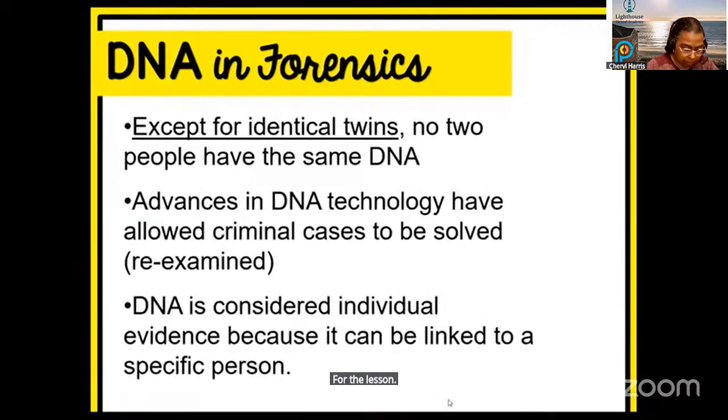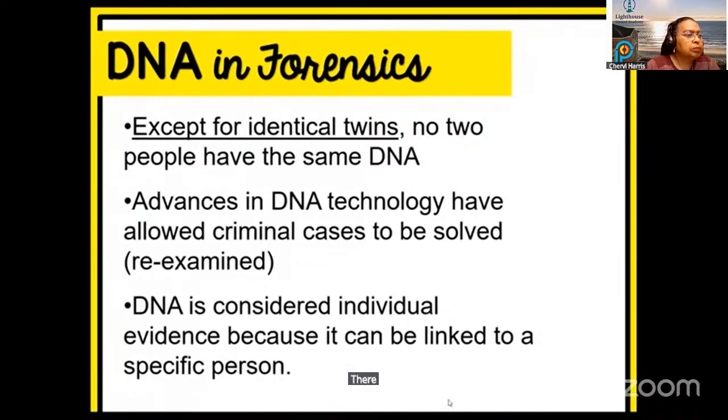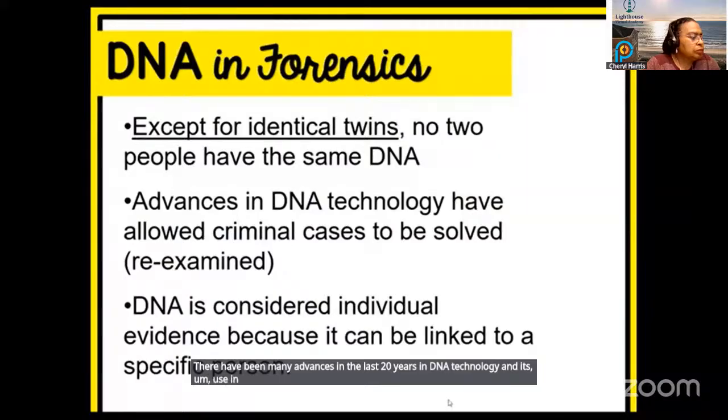All right, so if it has been a while since you have had biology, you might remember that except for identical twins, no two people have the same DNA. There have been many advances in the last 20 years in DNA technology and its use in solving criminal cases.